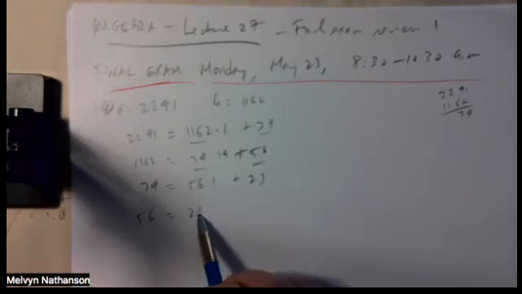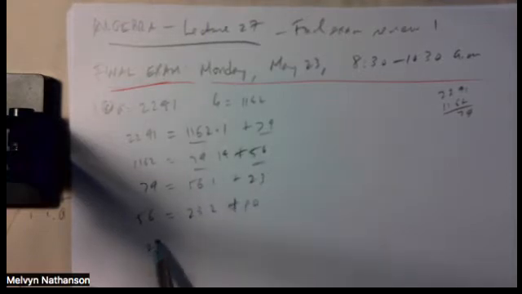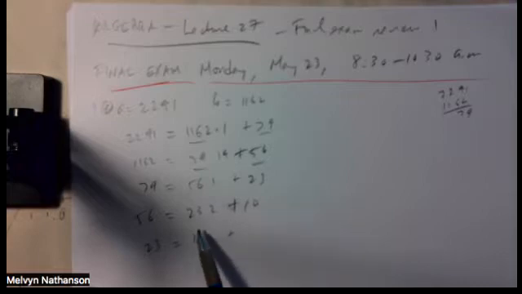56 divided by 23, that goes 2 times and leaves a remainder of 10. 23 divided by 10 goes 2 times and leaves a remainder of 3. 10 divided by 3 goes 3 times and leaves a remainder of 1.